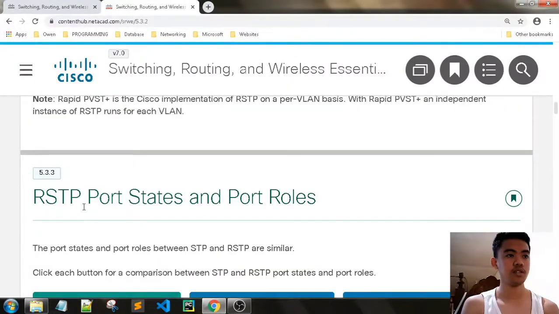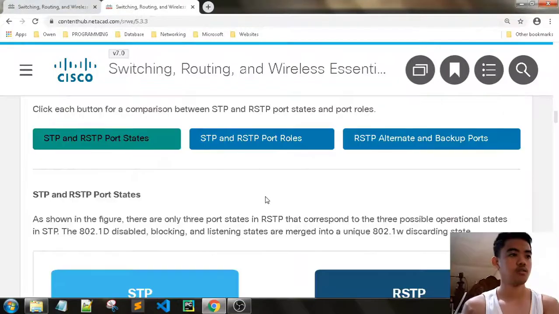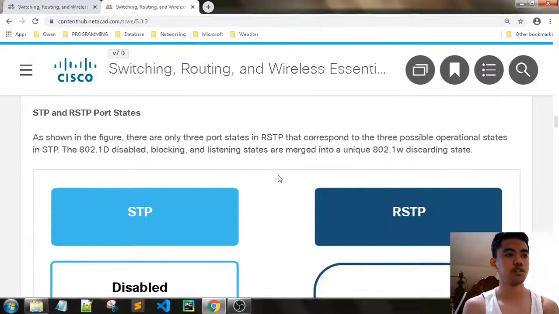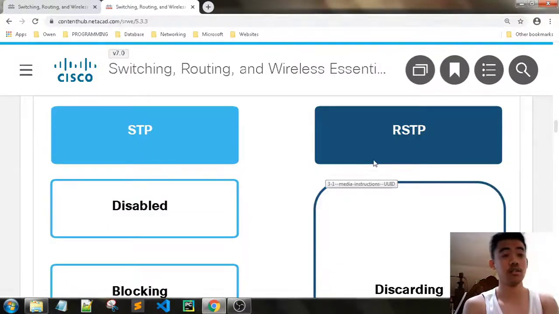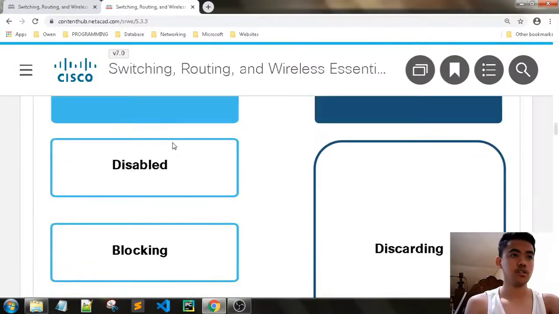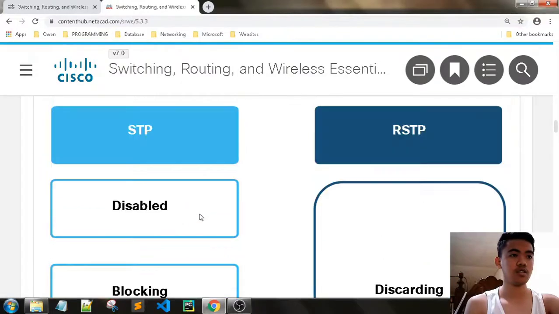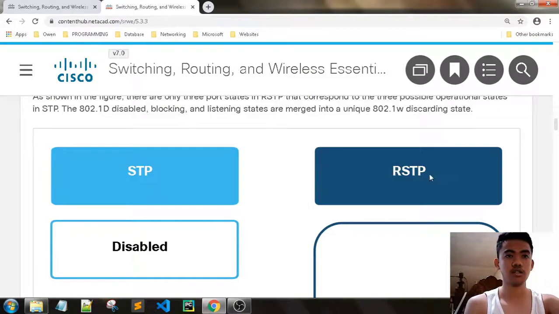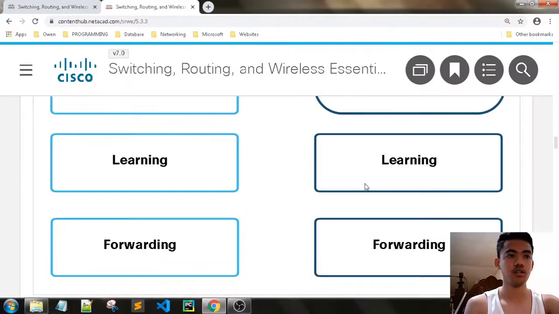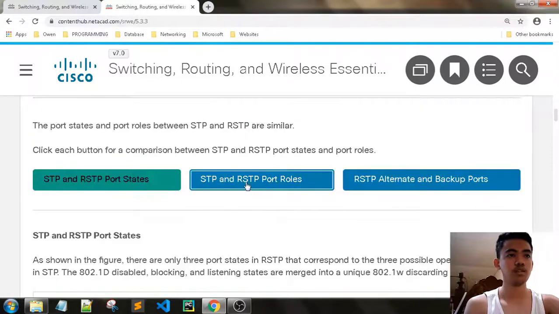So we have here the RSTP port states and port roles. In this example, we are comparing STP and RSTP. As you can see on RSTP, the disabled, blocking and listening states of STP become discarding in RSTP, but learning and forwarding are much the same.